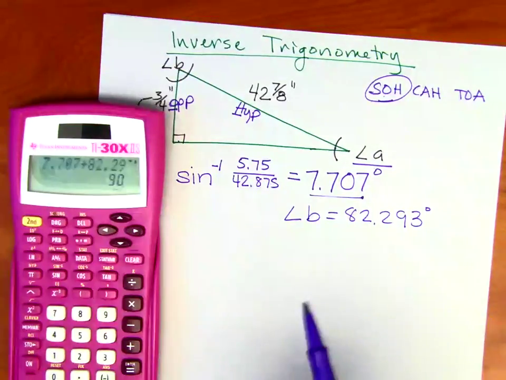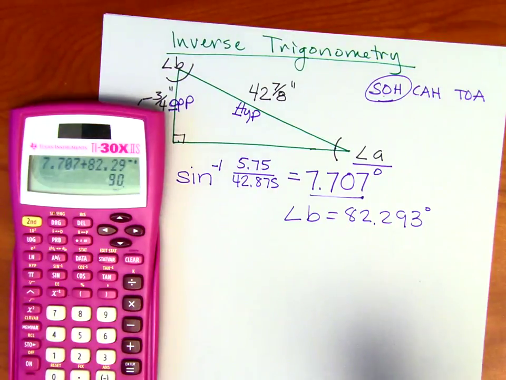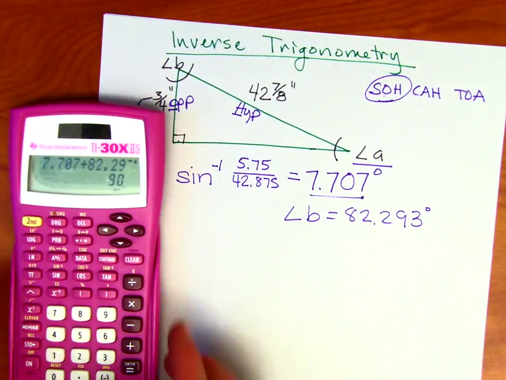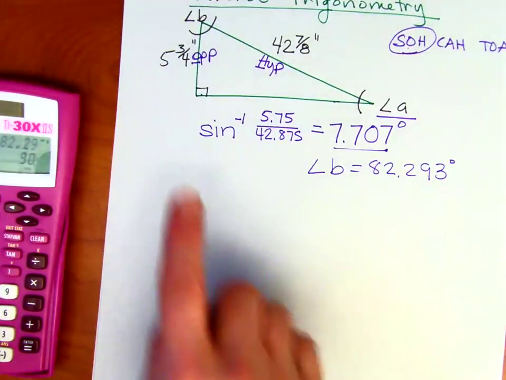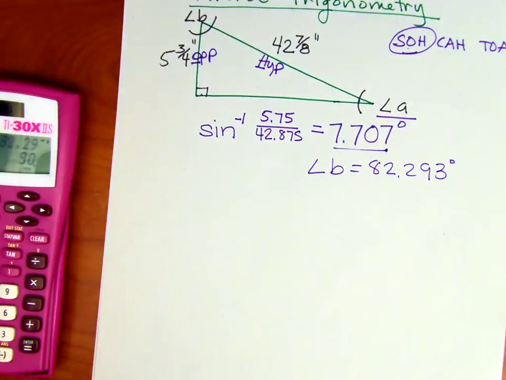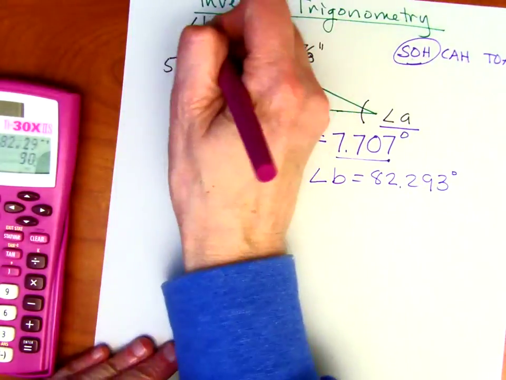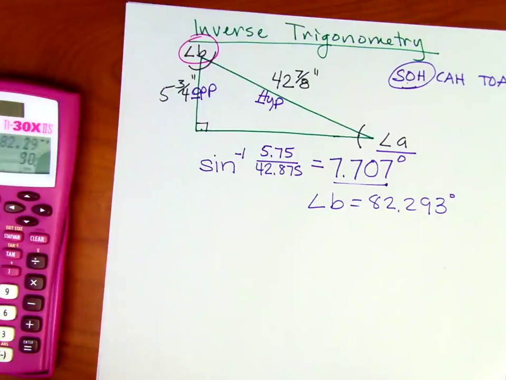But say, for instance, you decided, well, I'm going to solve for angle B first using inverse trig, and then use that little trick to find A. So let's go ahead and do that. Let's label our sides in accordance to angle B, and I'll circle B, and I'll use pink.